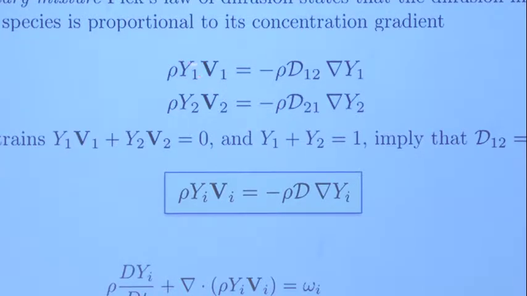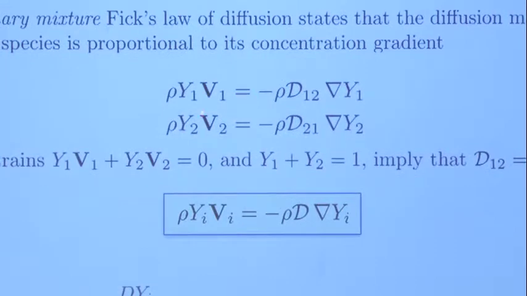And if I write this same statement for species 2, it's going to take that form, right? For the time being, I left D12, meaning the diffusivity of 1 into 2, and D21, the diffusivity of 2 into 1. Those diffusivities have units of centimeters squared per second, area per time.